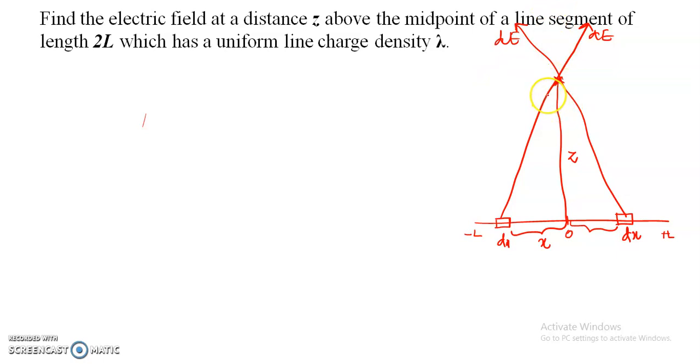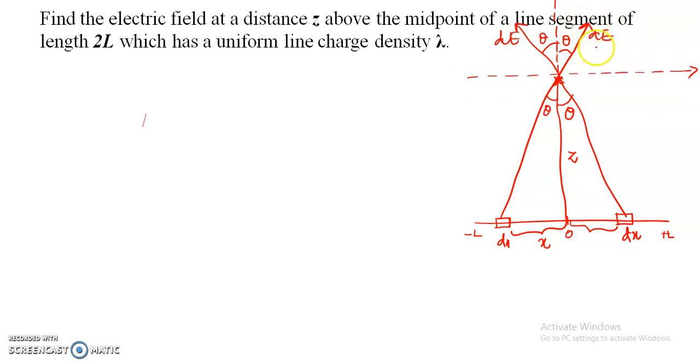Before that, let us assume that the angle made by the direction of the electric field vector with this perpendicular is theta, and this angle will also be theta. If we extend the perpendicular like this, then this angle will also be theta. Now we can consider the horizontal axis.